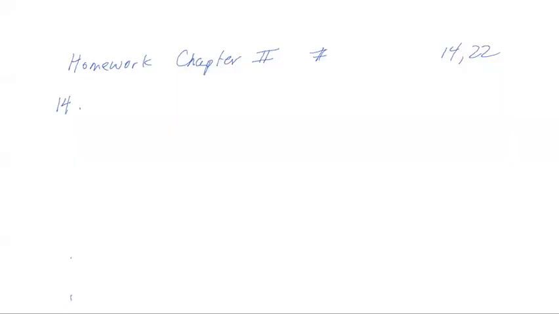Number 14 reads, a race car starts from rest and travels east along a straight and level track. For the first 5 seconds of the car's motion, the eastward component of the car's velocity is given by v sub x of t equals 0.860 meters per second cubed times t squared.